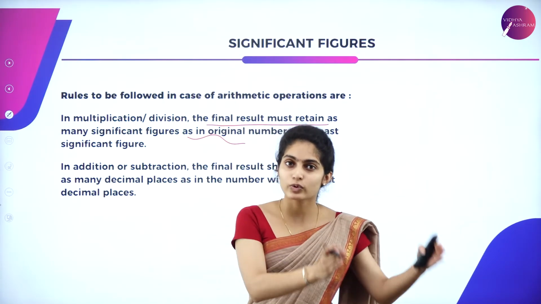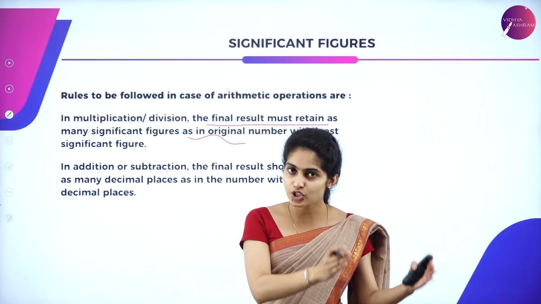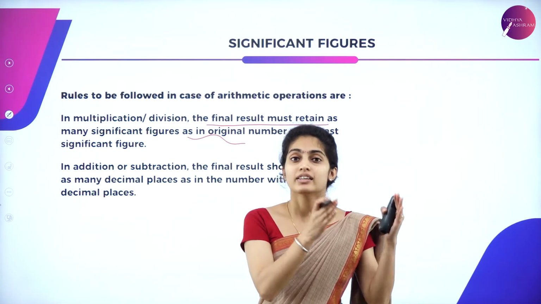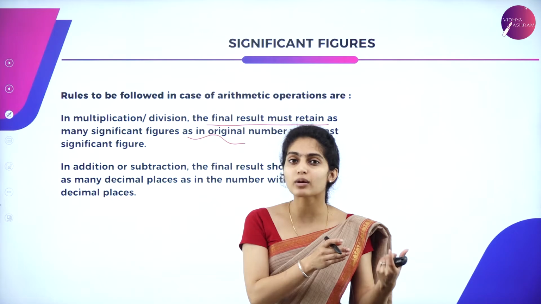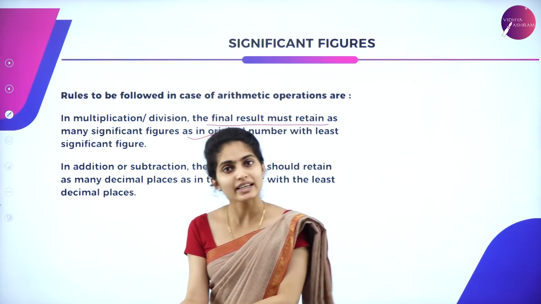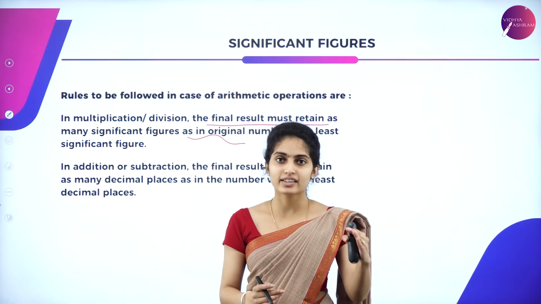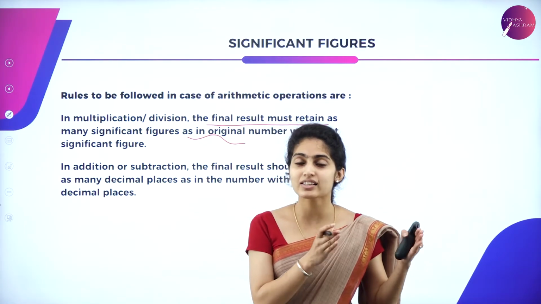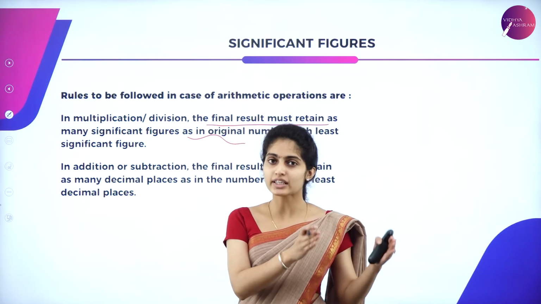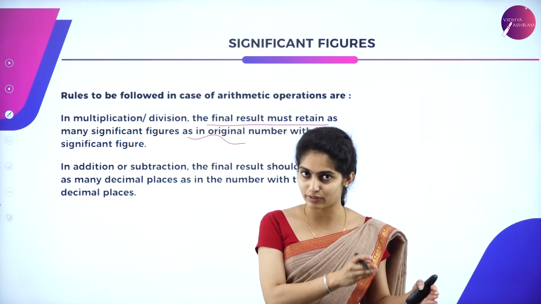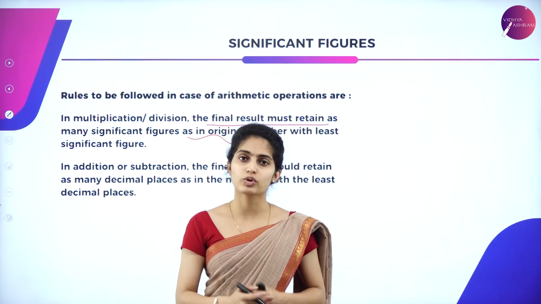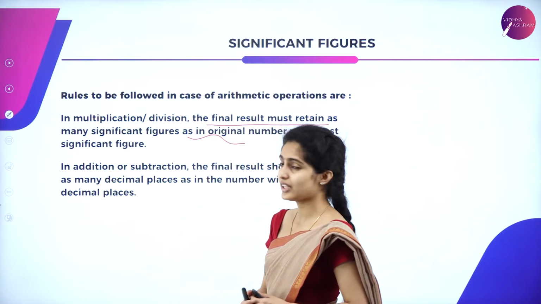By looking at the original values and checking which value has the least significant figures. Those many significant figures have to be in the result. It all depends upon the value which has the least significant figures, which is matched with the result whatever you get in case of multiplication and division.